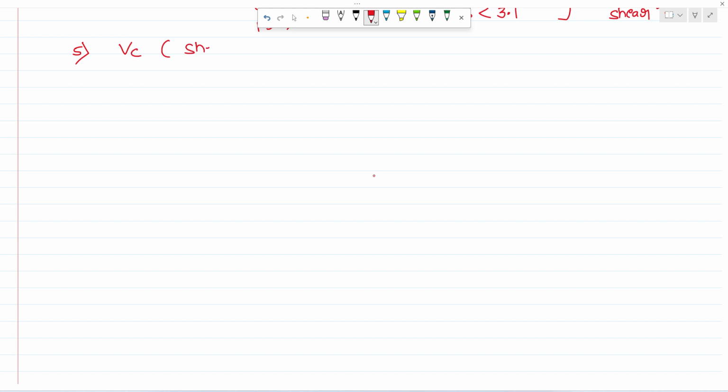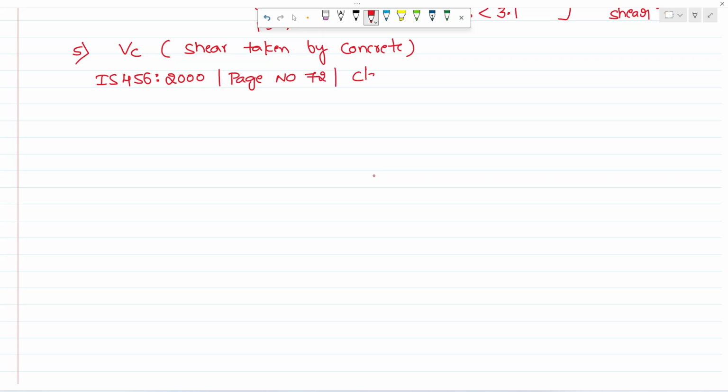It is nothing but shear taken by concrete, for which you need to refer to IS 456:2000, page number 72, clause 40.4, or either you can refer to SP16, page number 175, clause 4.3.